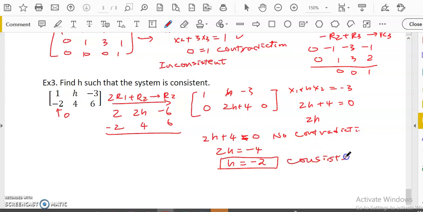Just think about if h is equal to 1, so you would have 2 plus 4 is 6, 6h.